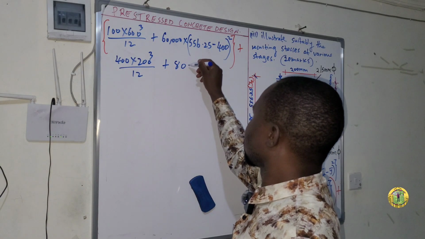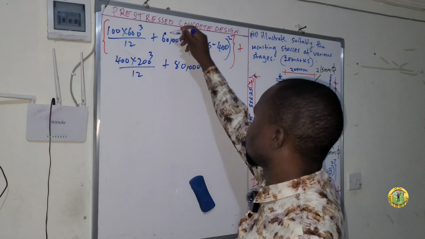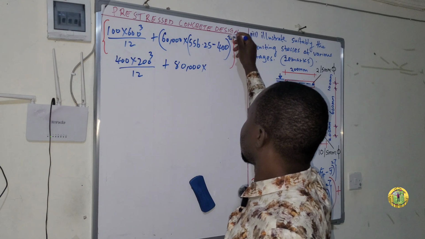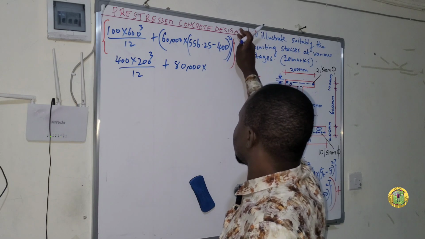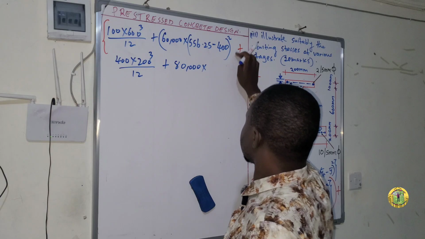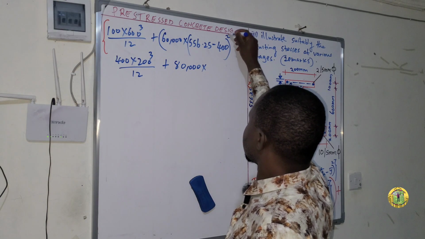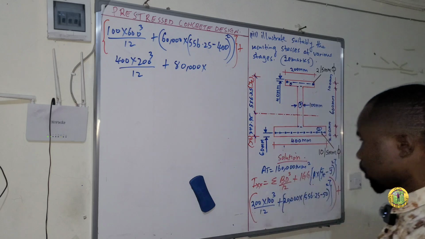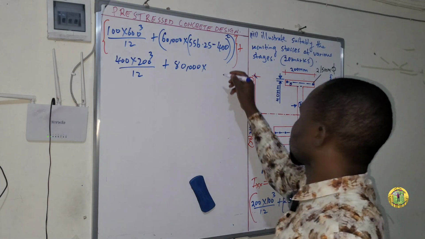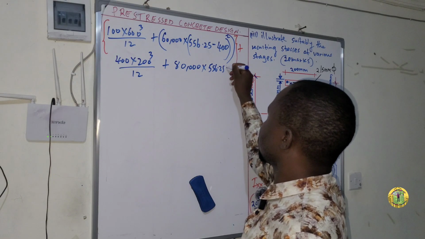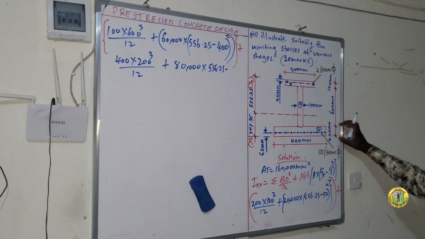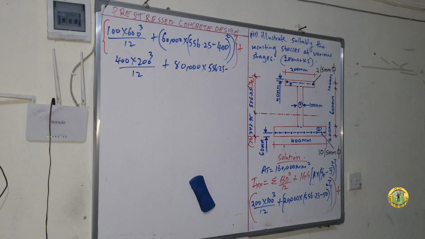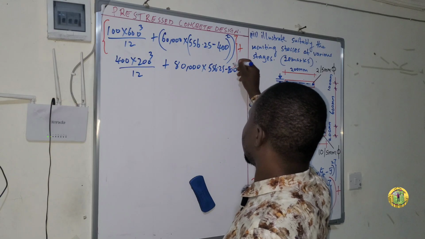So this is 80,000 times the y bar top, 556.25 minus a half of this 200, which is 100. 100 plus 600, that is 700. 700 plus 100, that is 800. So 800, then square.